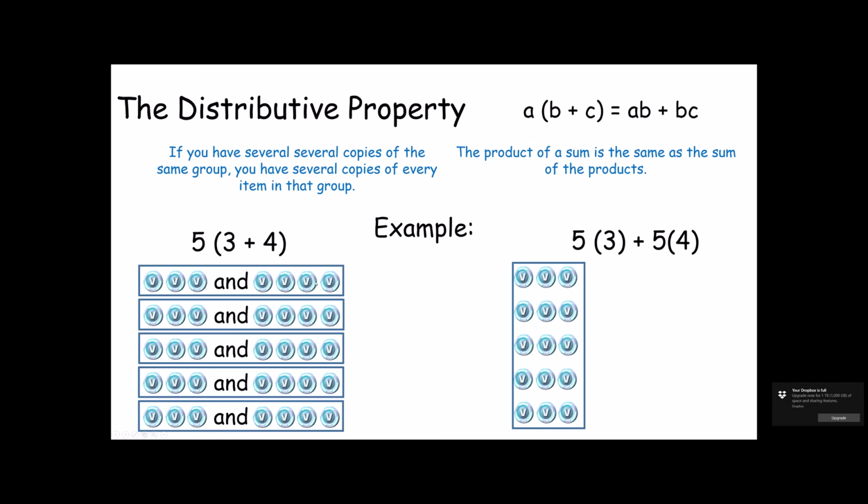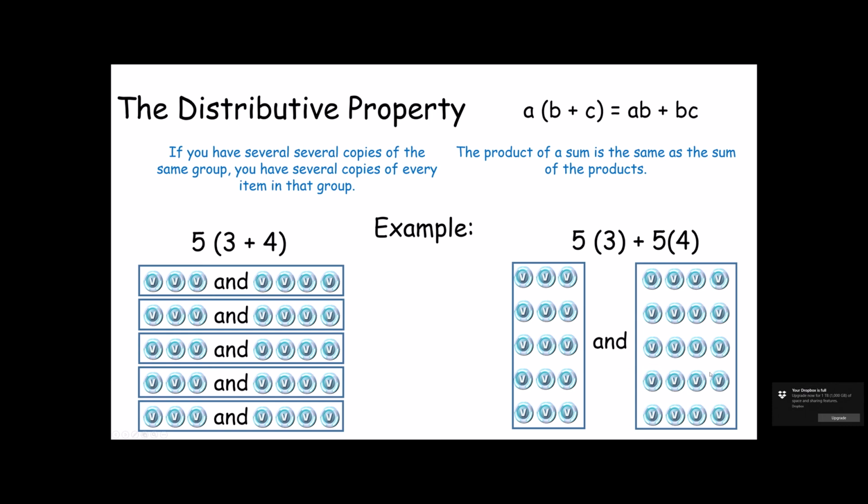Instead of having a group of 3 and 4 5 times, I just have 5 groups of 3 and 5 groups of 4. Notice, if you compare the picture over here on the left to the pictures over here on the right, you can see that over here on the left, you can actually see the 5 groups of 3 and the 5 groups of 4.